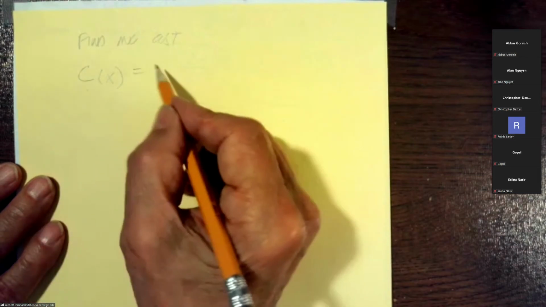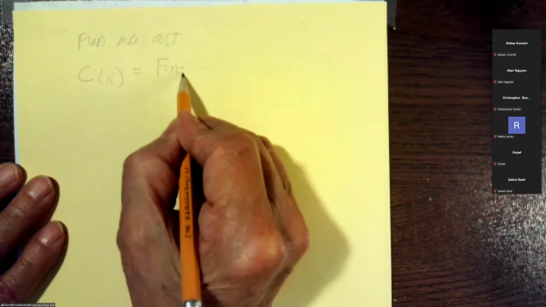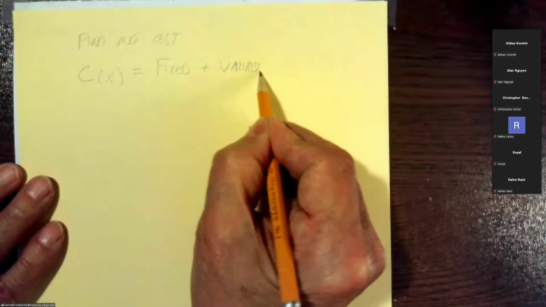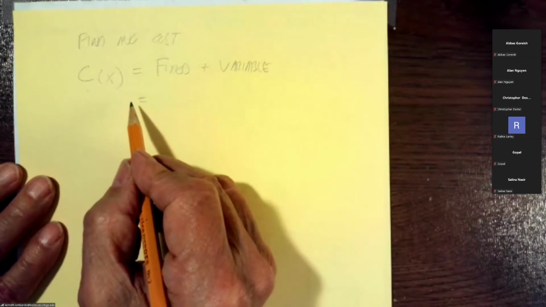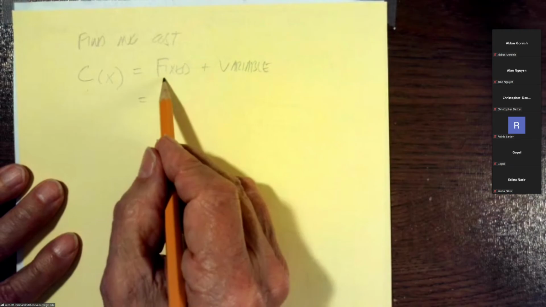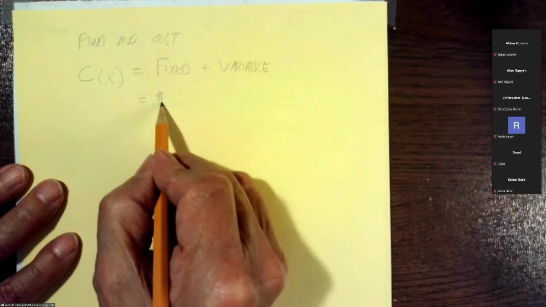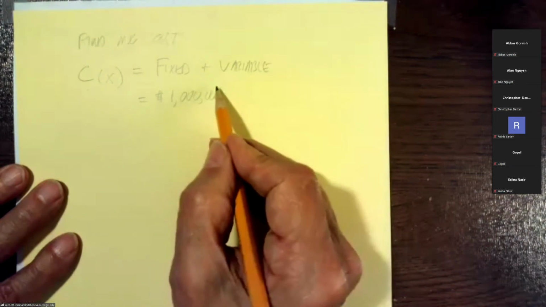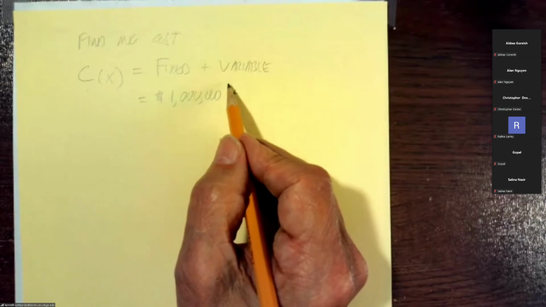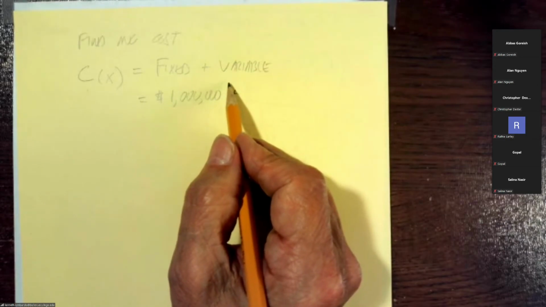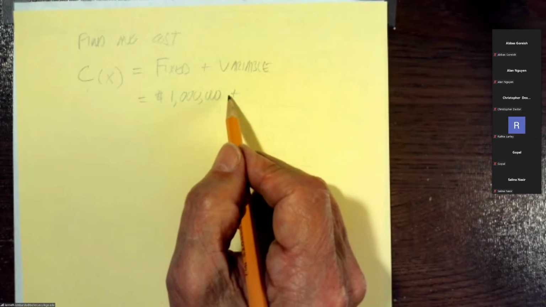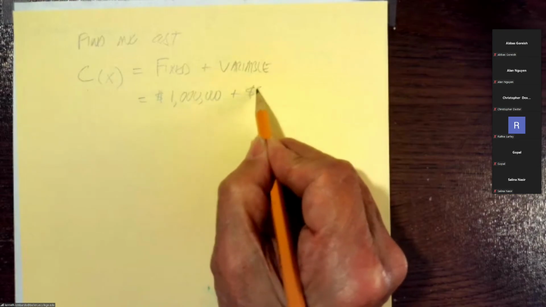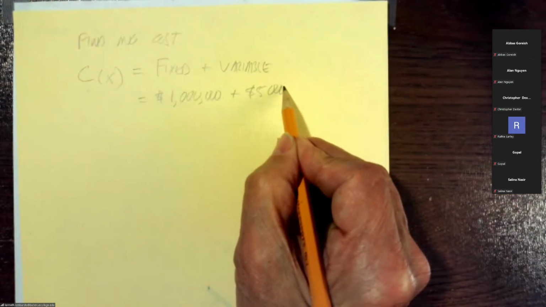And let's say the cost is a fixed cost plus a cost per unit, which I'll call variable cost. And maybe you have plant and equipment and whatever, and this value is very large. Maybe you've got $1 million worth of plant and equipment. And it turns out that the unit you're building, because of, I don't know, maybe labor costs and materials and what have you, maybe it costs you $5,000 per unit.